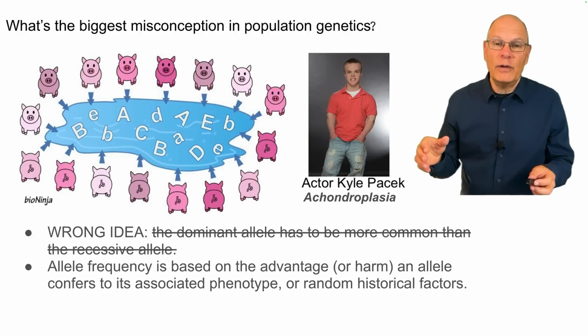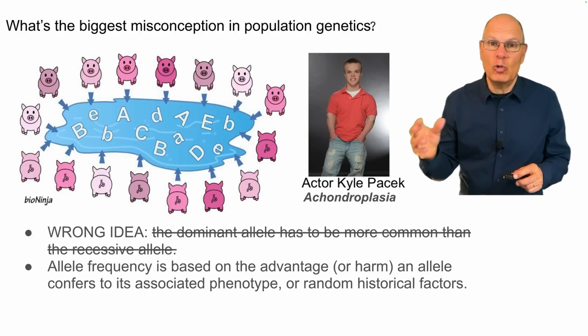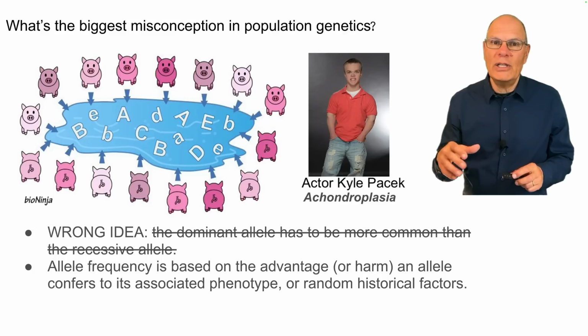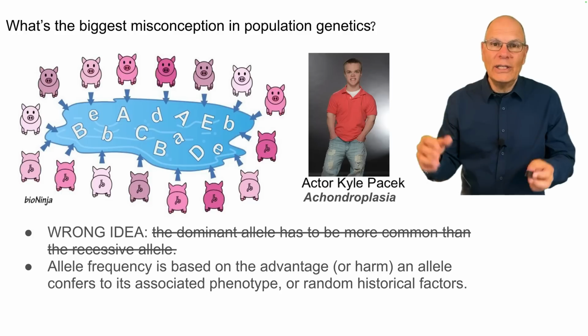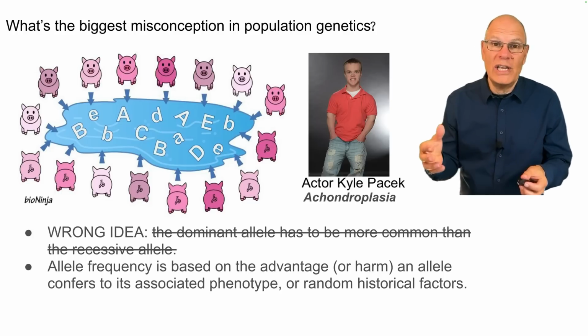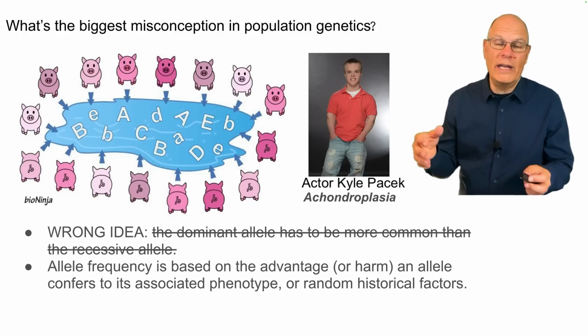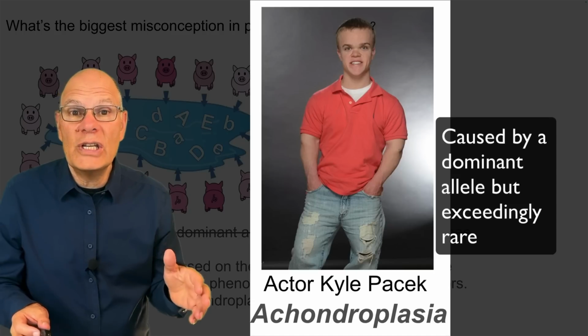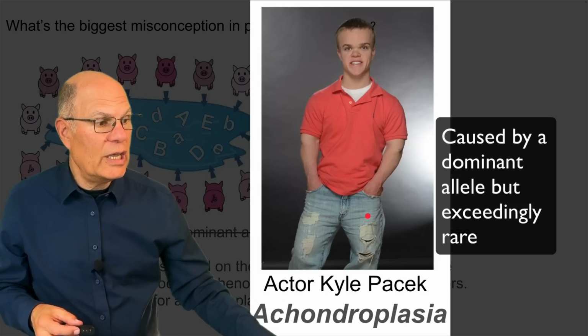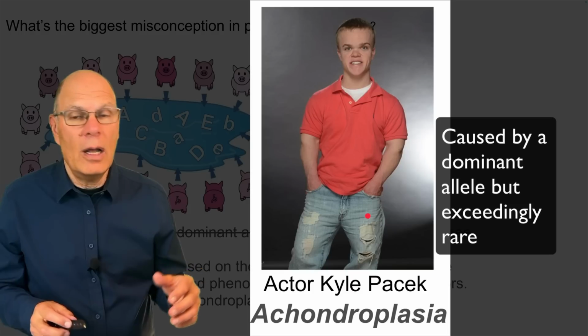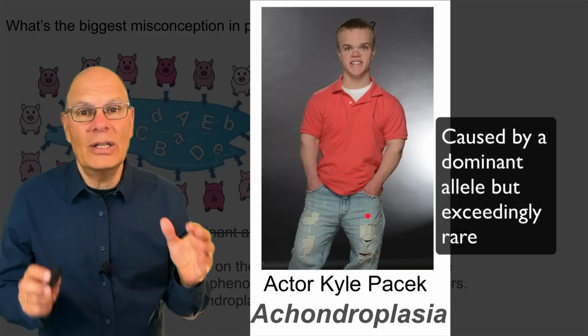Allele frequency, whether an allele is common or rare, has nothing to do with dominance or recessiveness. It's based on the advantage or harm an allele confers to its associated phenotype or random historical factors. And here's an example. The allele for the condition called achondroplasia is exceedingly rare, but it's a dominant allele.